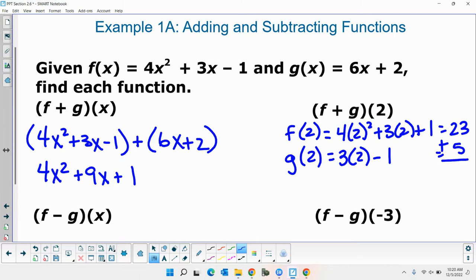And then add them if you want. So you could do f of 2 and g of 2, get the two answers, then add, or do what I did here on the left and then put the 2 in.